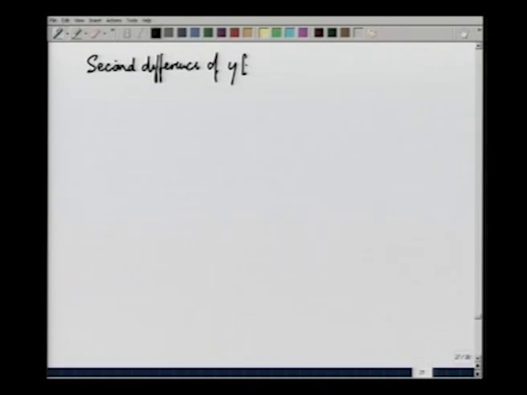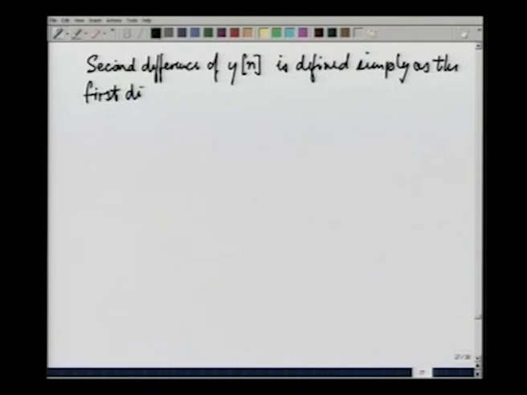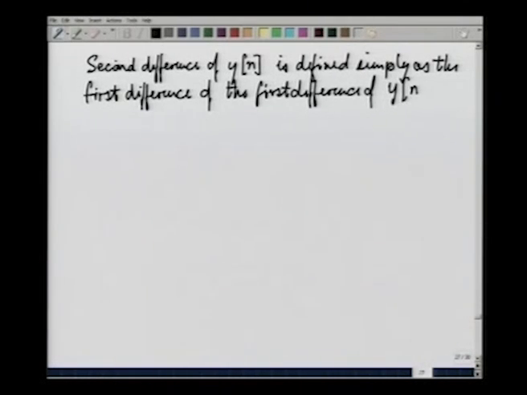y n is defined simply as the first difference of the first difference of y n.